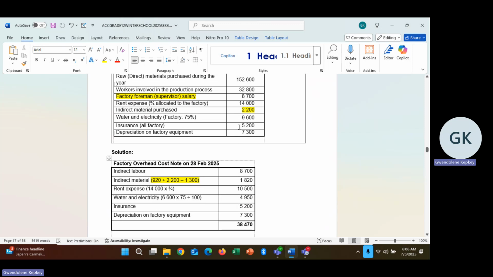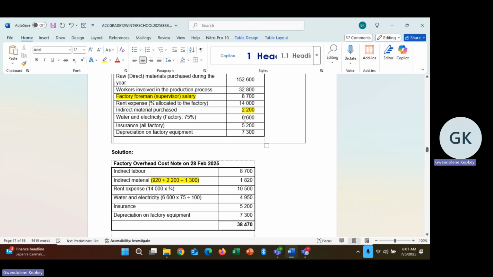Grade 12s, you can clearly see that from here in the example, to this amount over here, they've actually changed and they have not used 9,600, but they've used 6,600. So to avoid confusion, is it okay if you can just change that amount to 6,600 for this calculation over here to make sense? Okay, that is in the example. Ma'am is picking it up over here now, and let's just fix it.